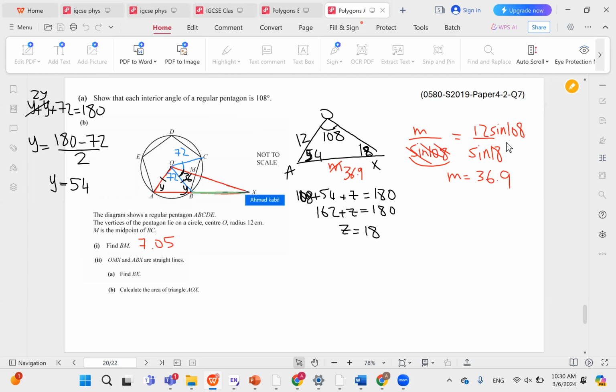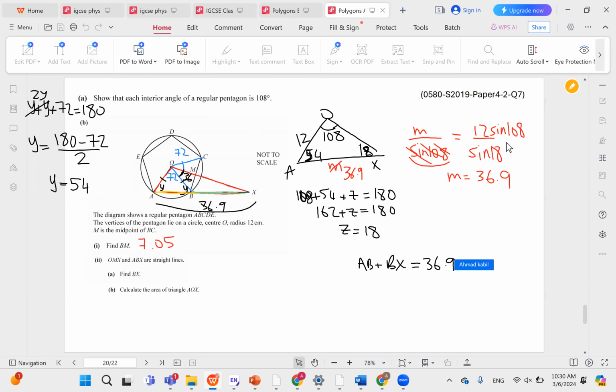And this green part added to this yellow part here gives us the total of AX. And we already know the total of AX, which is 36.9. So now we have an equation that says AB plus BX equals 36.9.